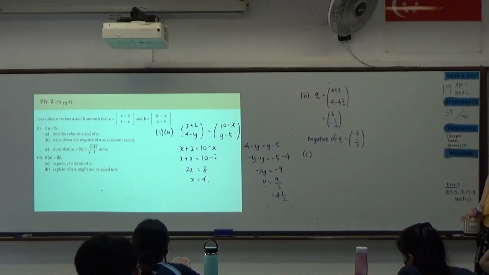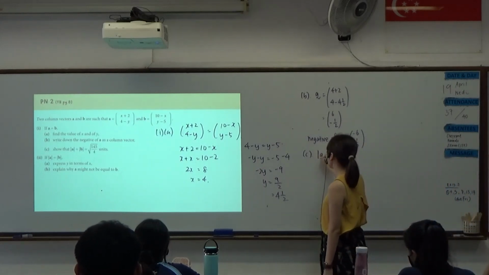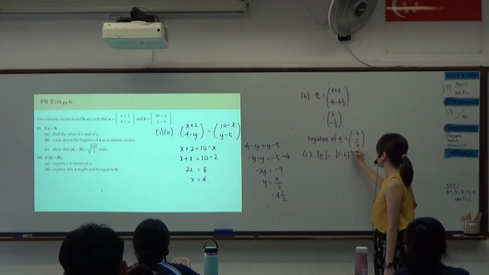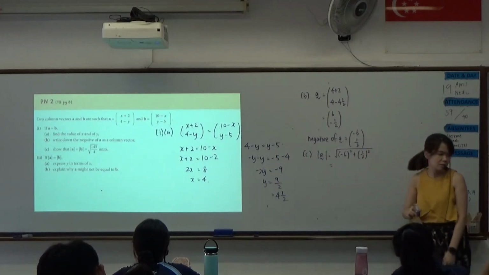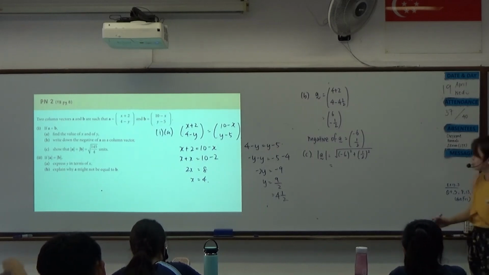Then in part C, we want to show that the magnitudes are actually equal. So the magnitude of A, upon a quick calculation, we will get square root 36.5.